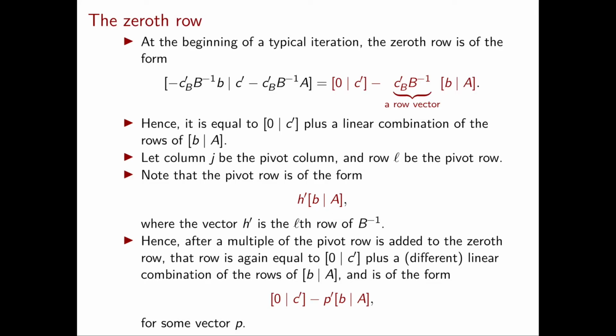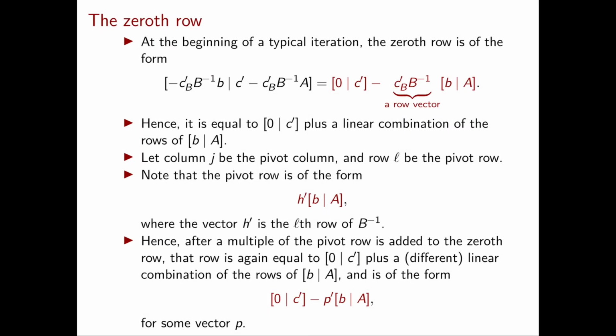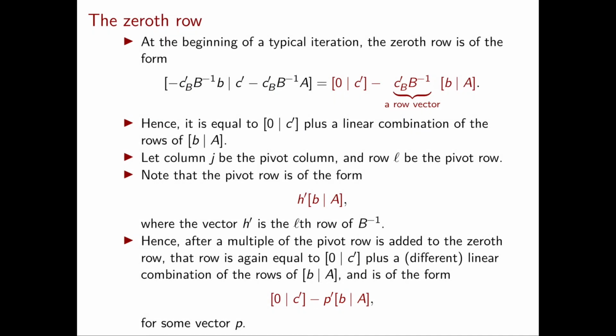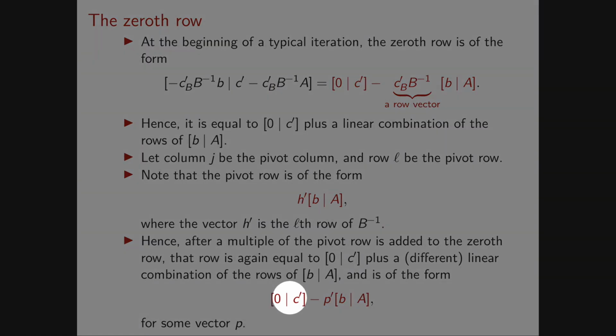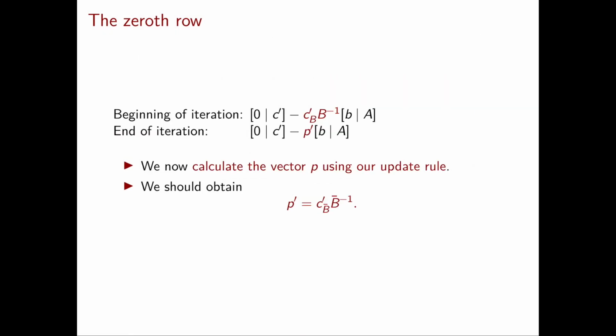So this simply is 0 C transpose plus some linear combination of the rows of [b A]. Once again, at this point, I don't care about what linear combination this is. Let me just denote the coefficients of such a linear combination by p transpose. So at the end of our iteration, the 0th row will be 0 C transpose minus p transpose [b A] for some vector p. So let's recap what we've just understood.